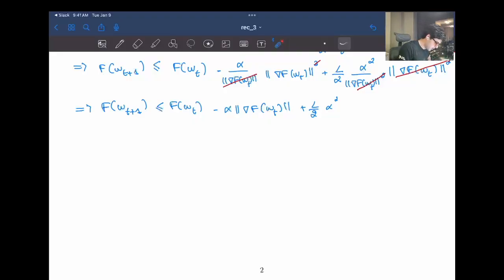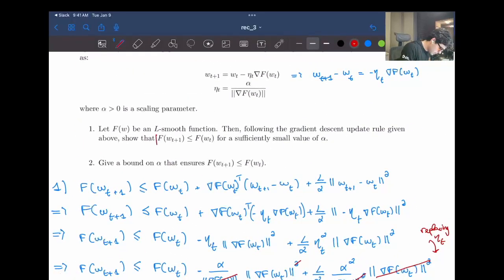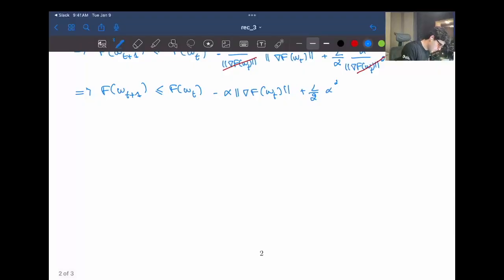We see this expression. And remember, what we want to prove is this, right? That this is true for sufficiently small alpha. Well, if we take the limit of this term when alpha goes to 0, this converges to f of w_t as alpha converges to 0, right?